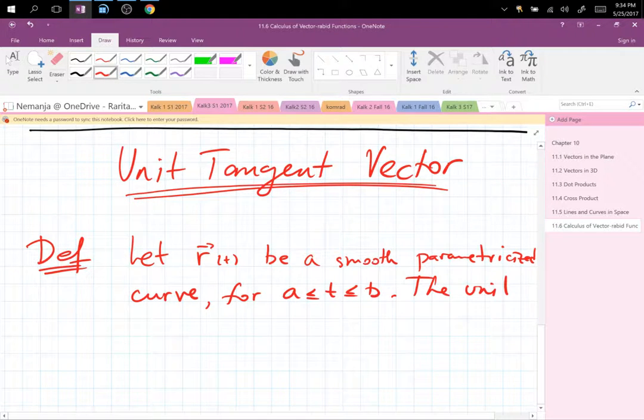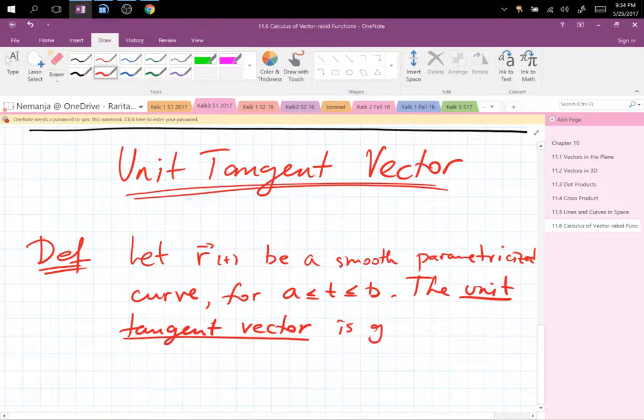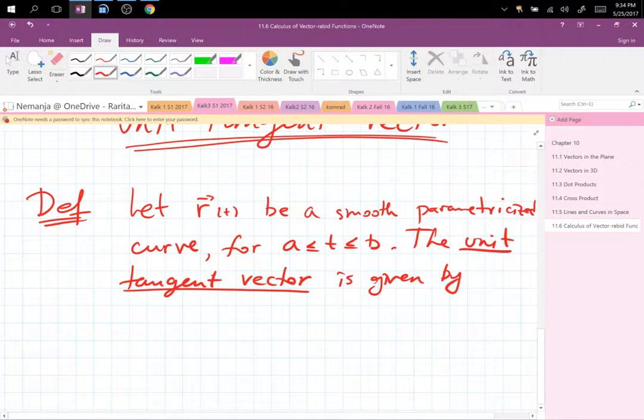The unit tangent vector is given by, I'm going to put T hat because it's a unit vector, r prime of t divided by the magnitude of r prime of t.